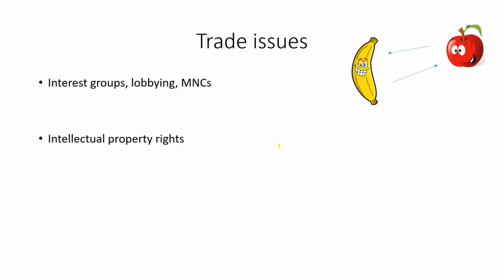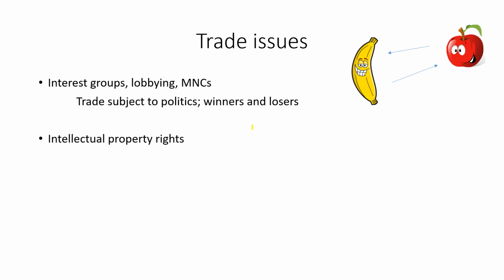Looking at some more trade issues, because it's a political situation, interest groups are lobbying for advantages. The multinational corporations are getting lots of advantages without much loyalty or allegiance to any particular country, yet they are using their increasing profits to lobby governments in order to get cumulative advantages.